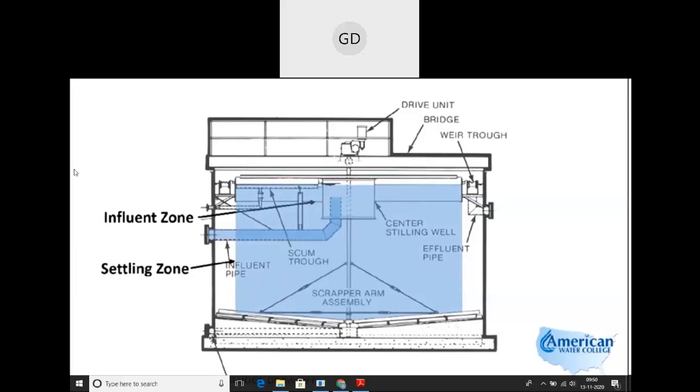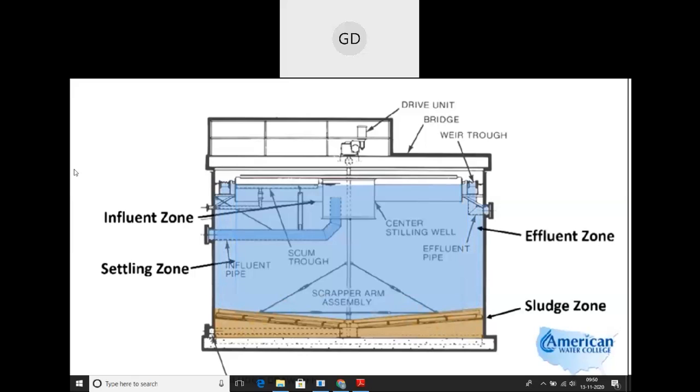As the settleable particles settle out, they enter the sludge zone down at the bottom of the clarifier, and the outer edges make up the effluent zone. On a circular clarifier, the effluent weir goes around the entire circumference of the clarifier, and that is the effluent zone.